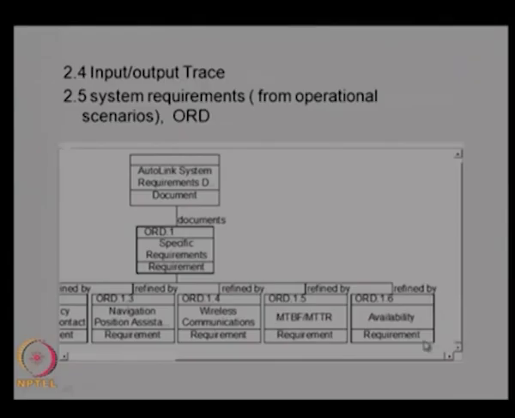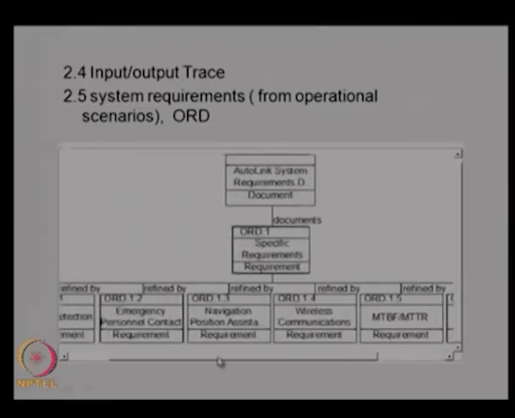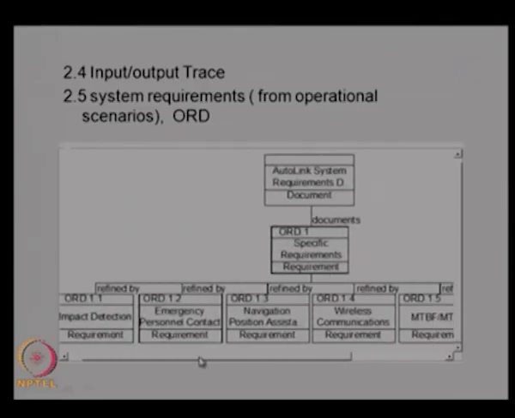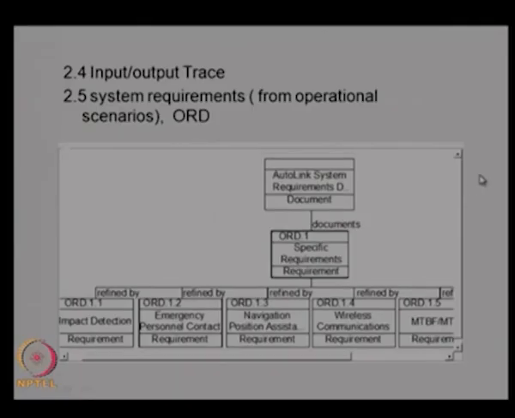Like this you can have many other requirements also, depending on all the scenarios identified. We will write down the sub requirements related to impact detection over here, and all these will be documented properly, which becomes the basic document for the design, the originating requirements document.